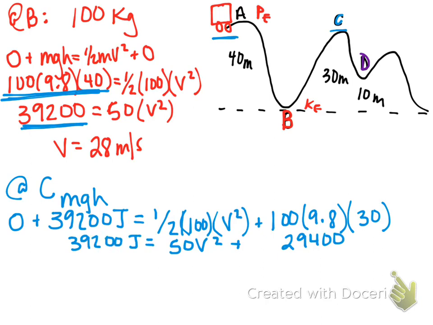Okay, we're going to combine like terms and subtract over that 29,400. Do we agree there? We did a problem kind of similar to this in our original notes.